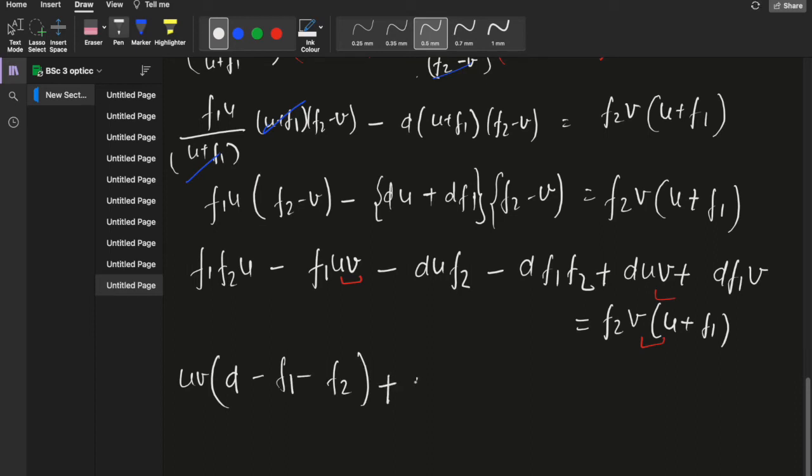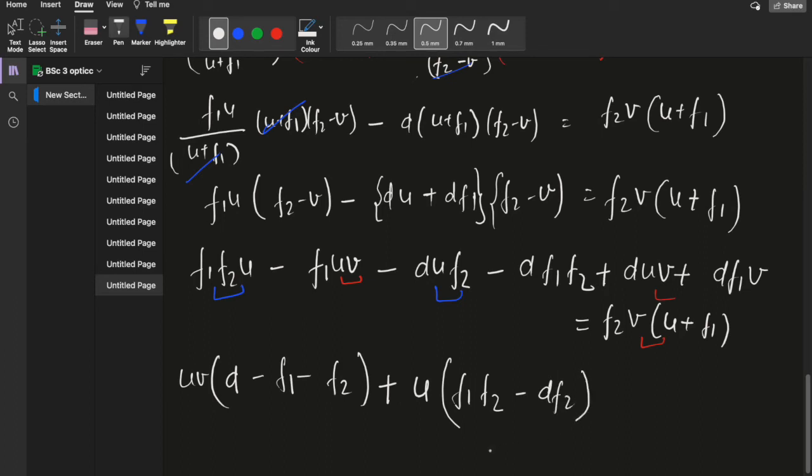Now I take U common. See where there is a single U, only in two terms. So when I take U common from here, this becomes F1 F2, and this becomes DF2.